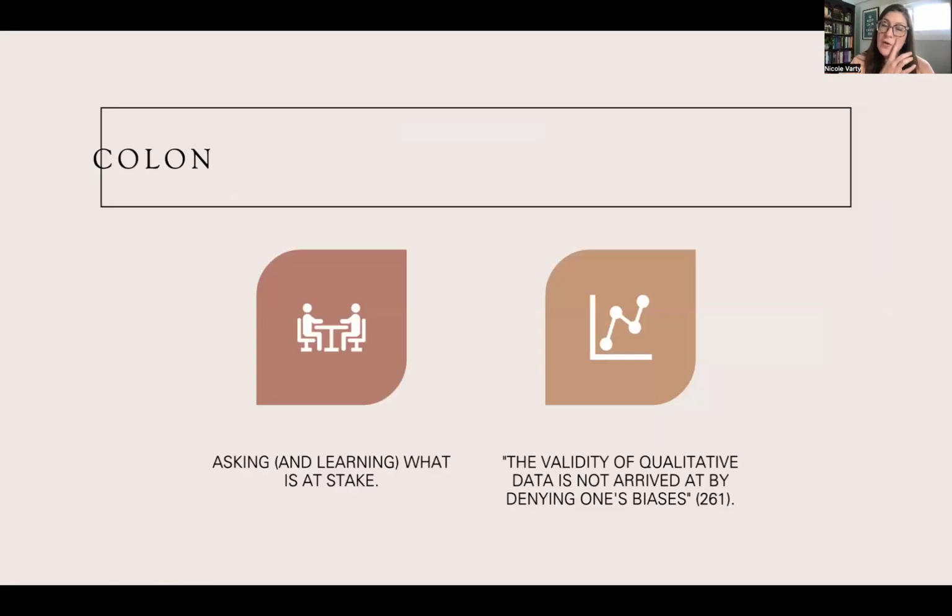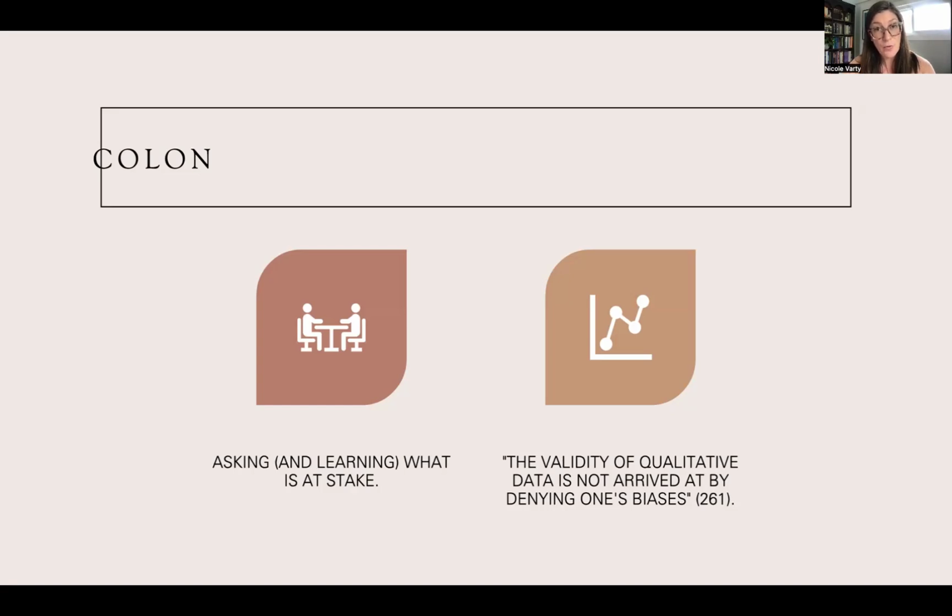All right. Cologne, I love this piece so much. I had way more highlighted in the article than I could possibly squeeze into this one mini lecture. But really, I think a very important part of Cologne's article is the fact that we as researchers should constantly be asking, along with the what is happening question from earlier, what is at stake?